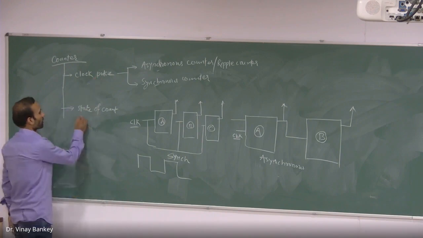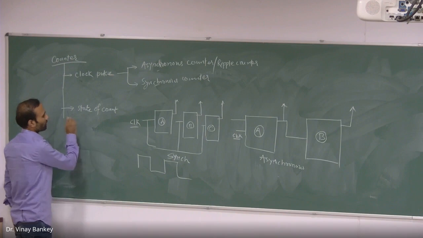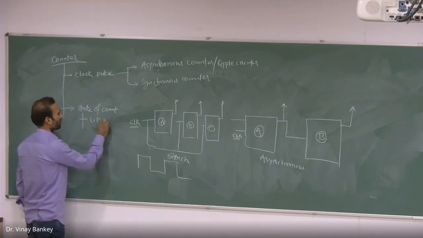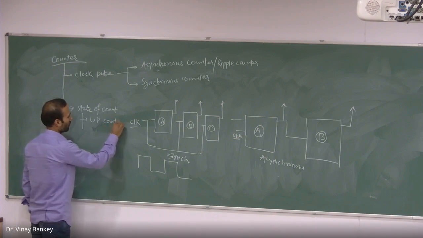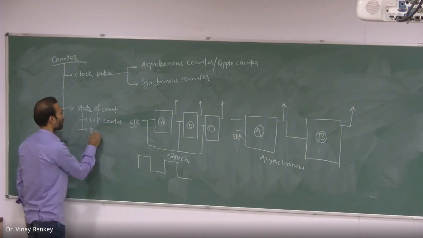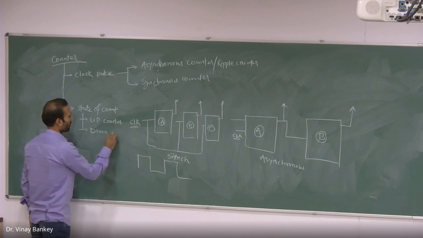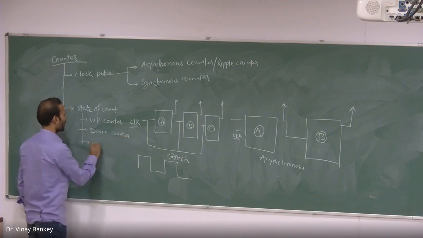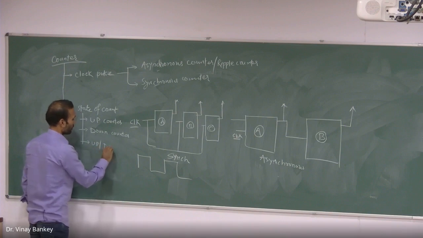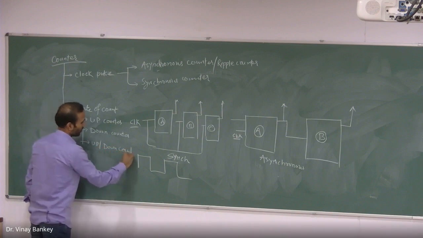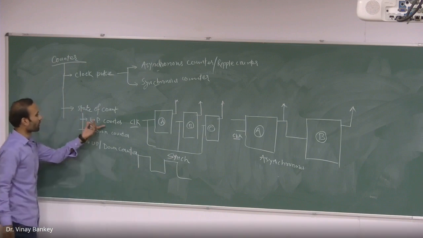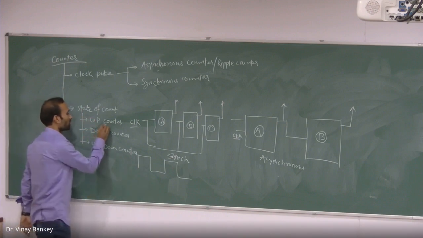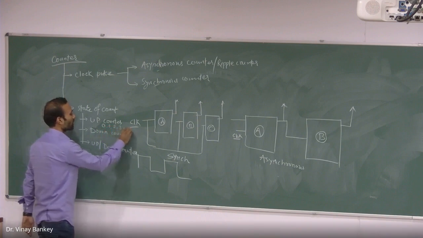And based on the states of count, there are three types of counters. First is up counter. The second is down counter. The third is up and down. When I say up counter, it means this type of counter will count from 0, 1, 2, 3 in this way.